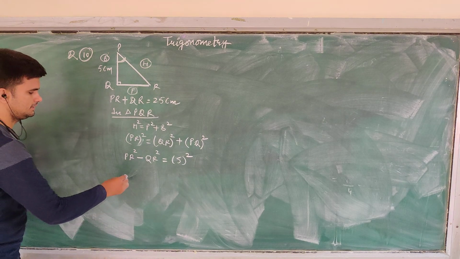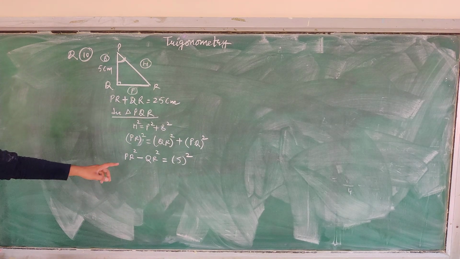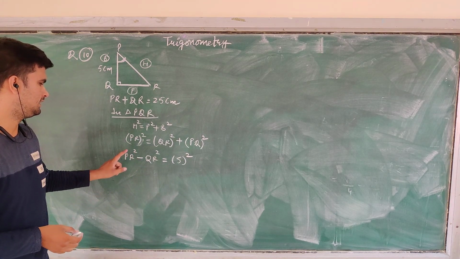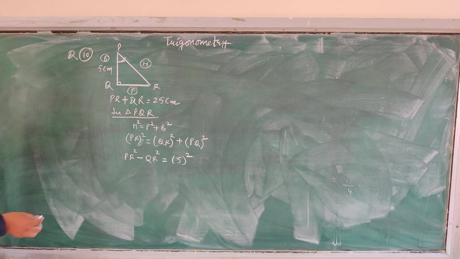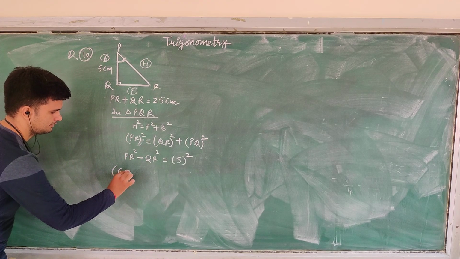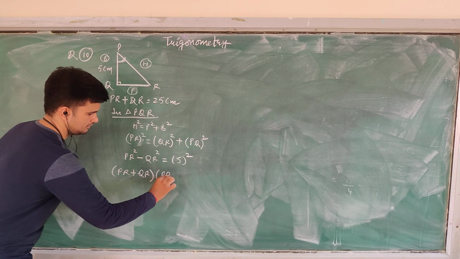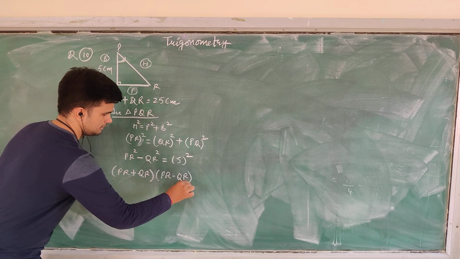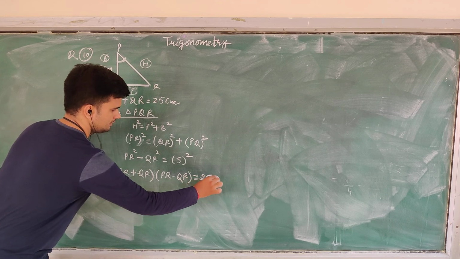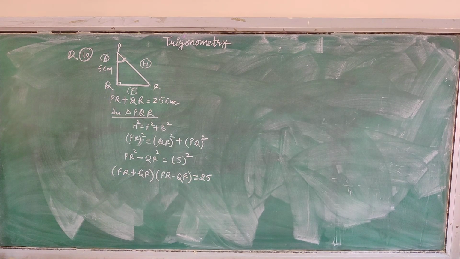Now see, here we have an algebraic identity a square minus b square, it is a plus b into a minus b. It is equal to 25.